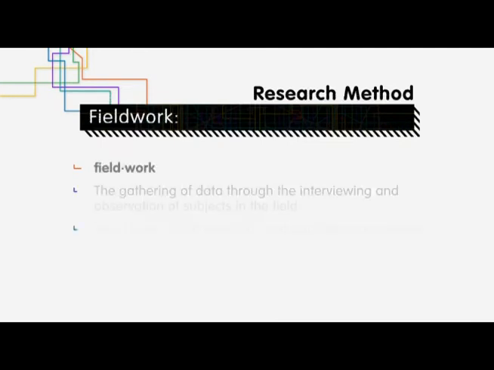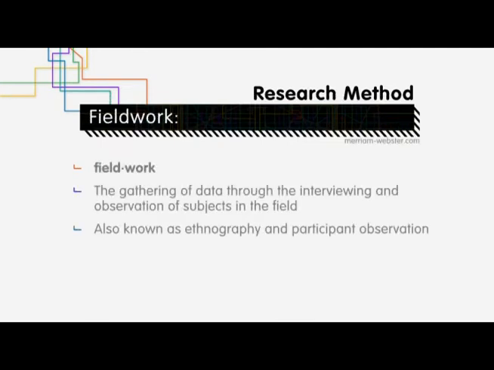Another form is what's called fieldwork, but it's also known as ethnography or participant observation. What's unique about this kind of research is that the sociologist is trying to study a particular social group or social setting.